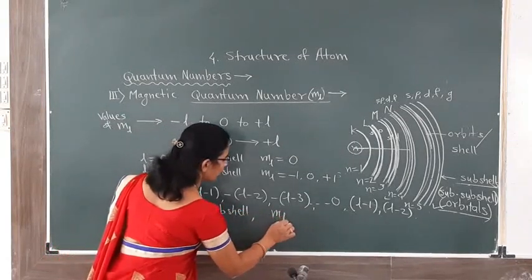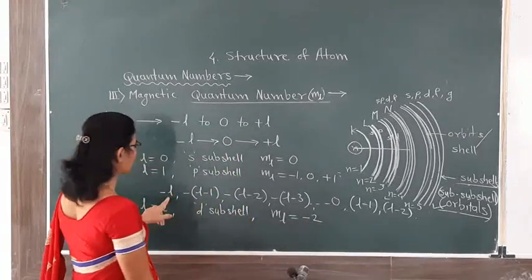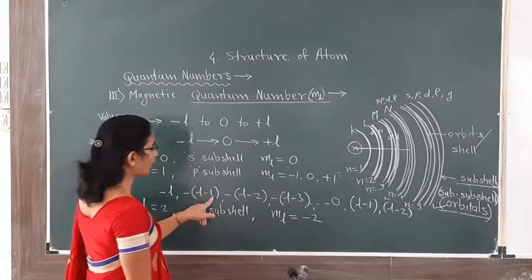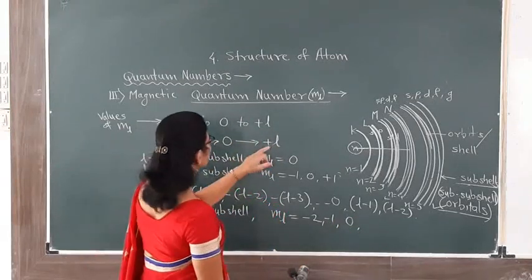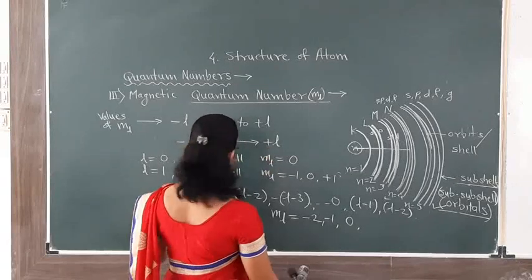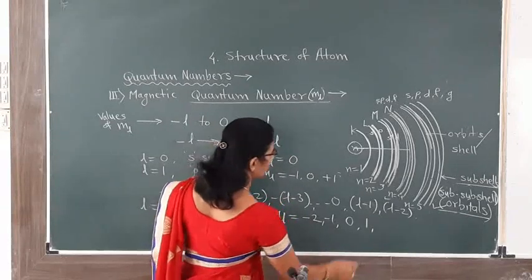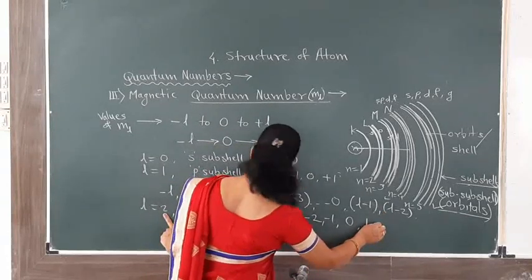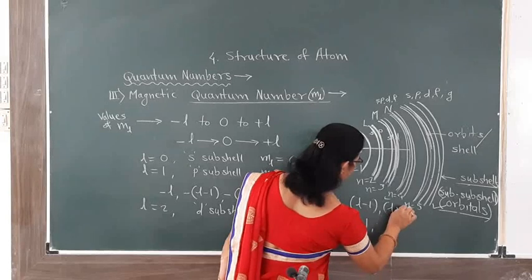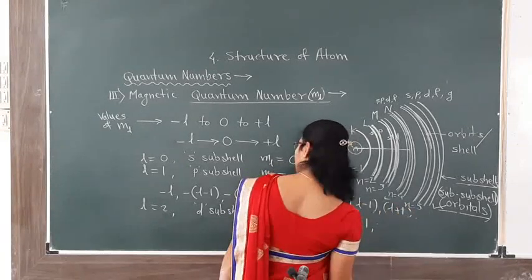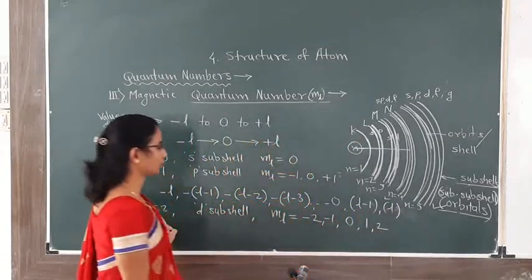If L is equal to 2, the subshell is named the d subshell, and for the d subshell the values of ml start from minus 2, then minus 1, then 0, then 1, and they end with 2.